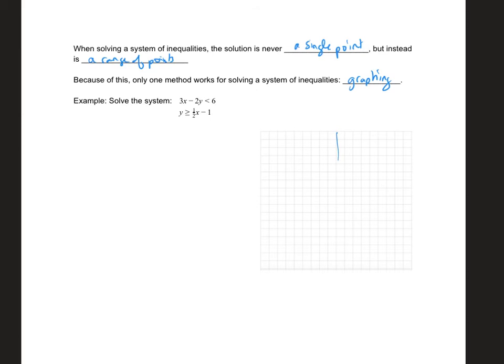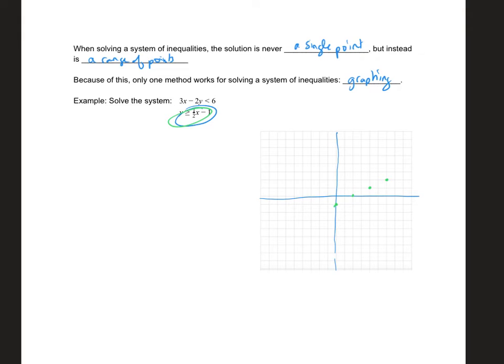So I've got a system here, so I'm going to draw some axes. And remember, when you're solving by graphing, you basically graph each of the things that are there. So I'm going to graph the bottom inequality. Let's graph that one in green. So the y-intercept would be -1. The slope is 1/2, so up 1, right 2, up 1, right 2, and so forth.